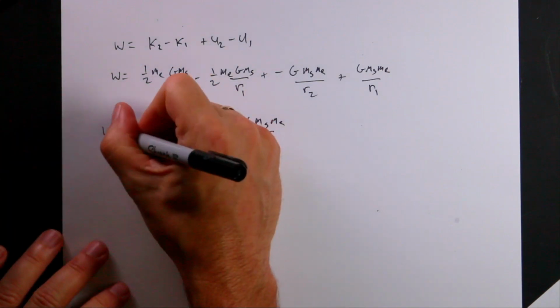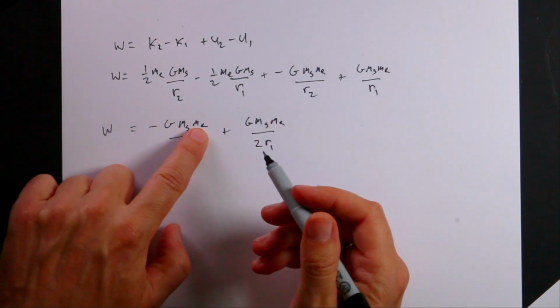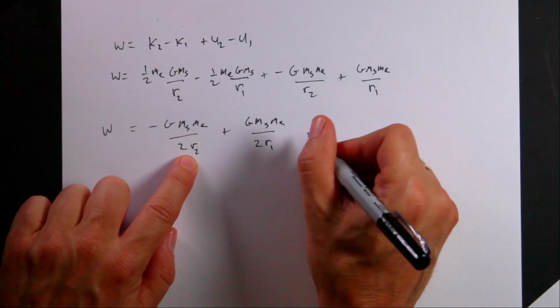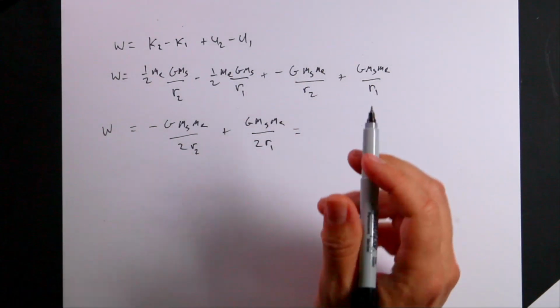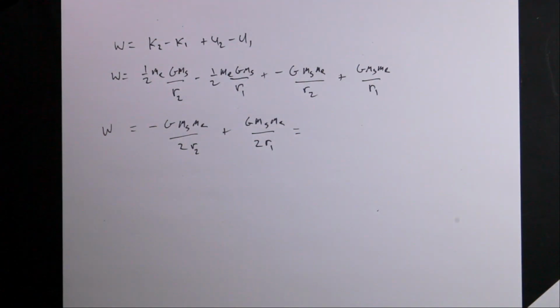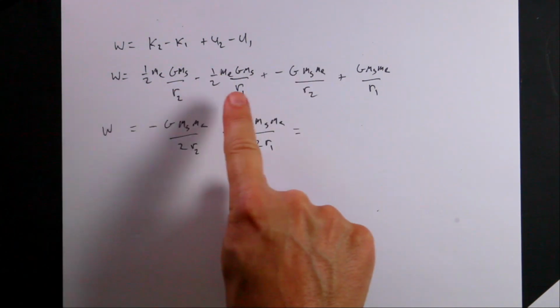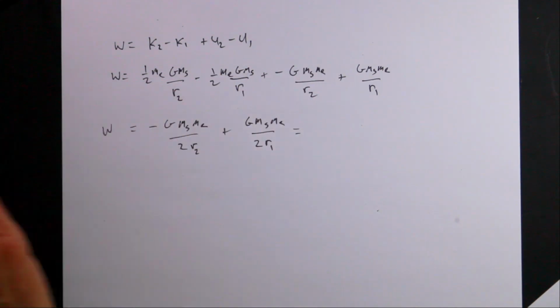And that's going to be the work done. I know the mass of the Sun, the mass of the Earth, and these distances, so I can plug this into my equation and get the energy needed to change orbits. This works for all circular orbits where you can combine the kinetic and potential energies.